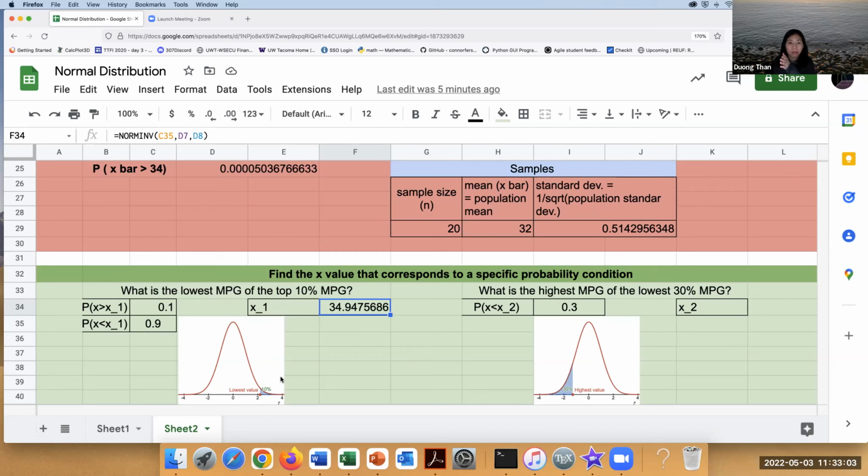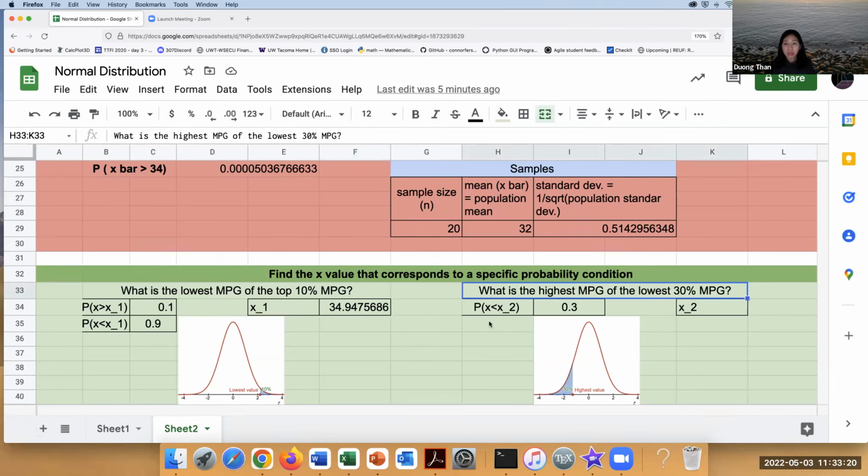If a car is in the top 10% for fuel efficiency, then the lowest miles per gallon should be about 35 miles per gallon.